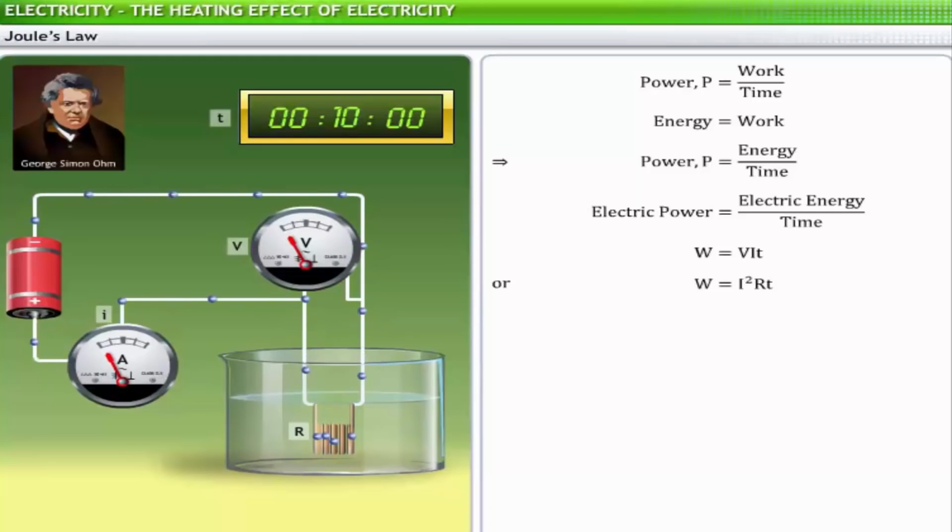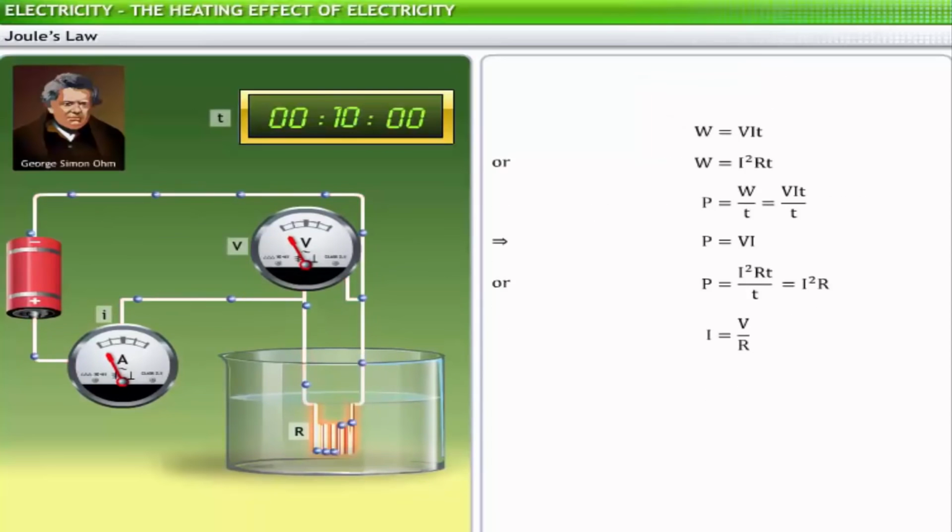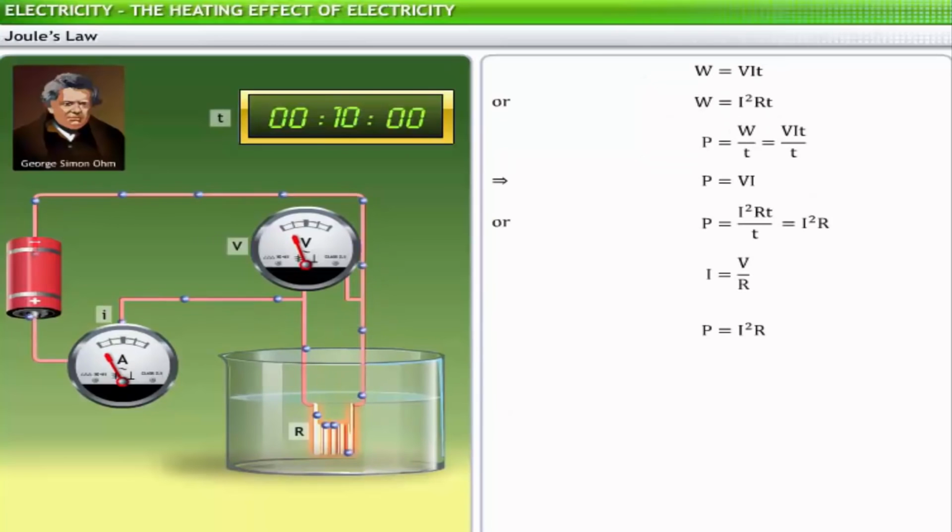Hence, electric power can be expressed as P is equal to VIT by T. This implies P is equal to VI, or P is equal to I squared RT by T. This implies P is equal to I squared R. Substituting V by R for I in the expression P is equal to I squared R and simplifying, we get electric power equals V squared by R.